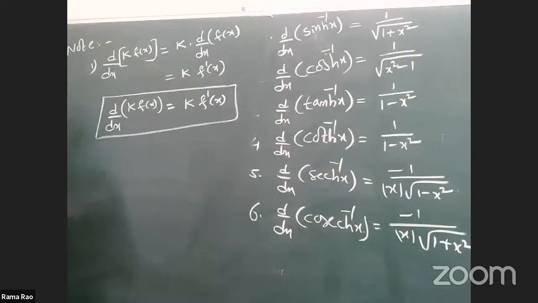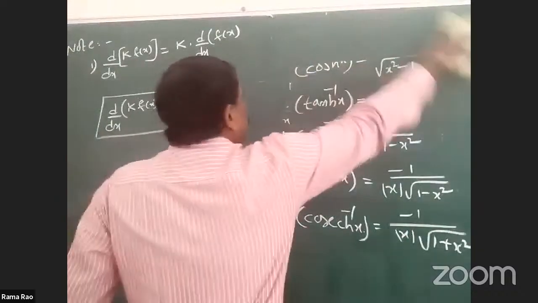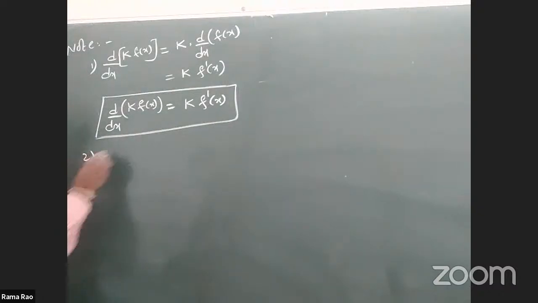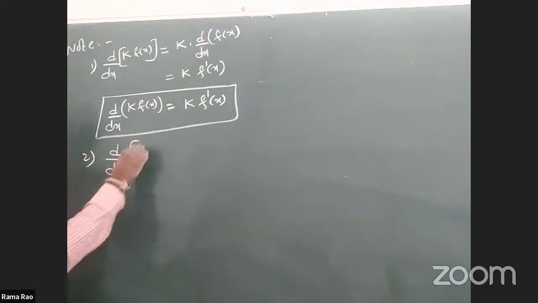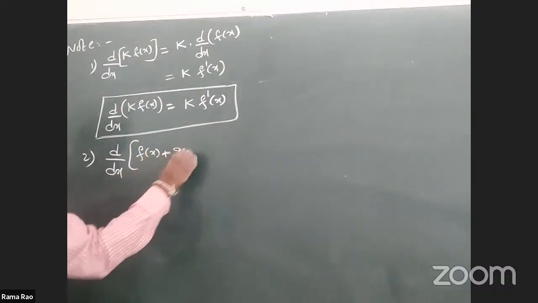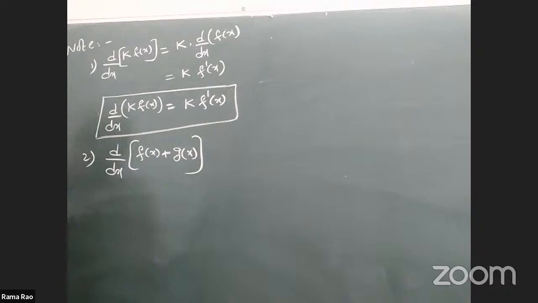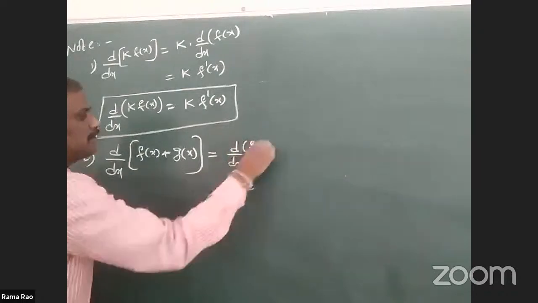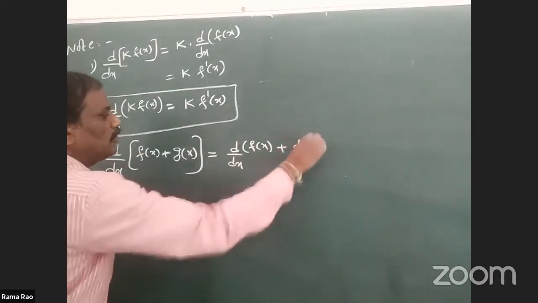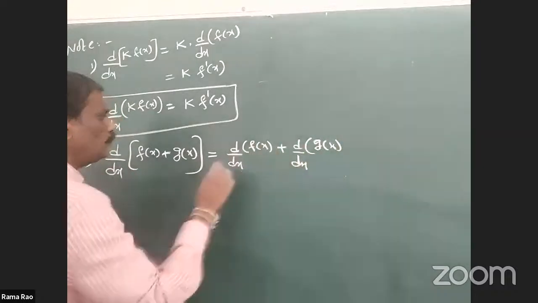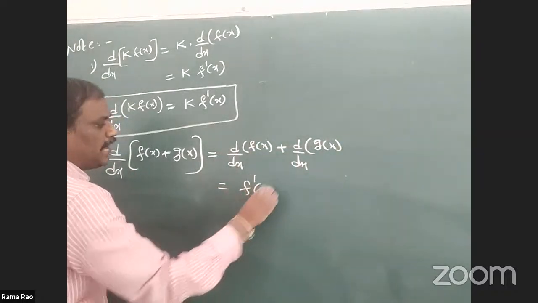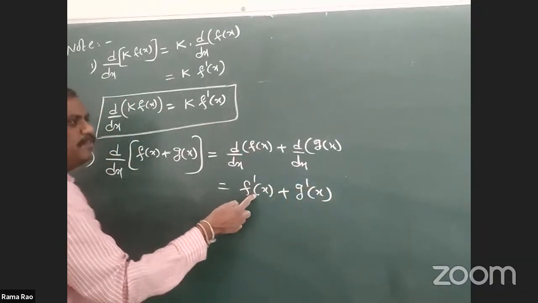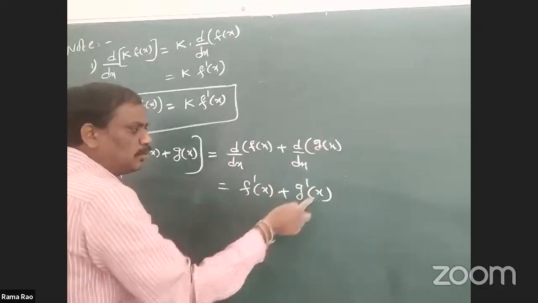Second one, d by dx of f of x plus g of x. Let us take any two functions, f of x plus g of x. This is equal to d by dx of f of x plus d by dx of g of x, which is f dash x plus g dash x. Derivative of f of x is denoted by f dash x, derivative of g of x is denoted by g dash x.